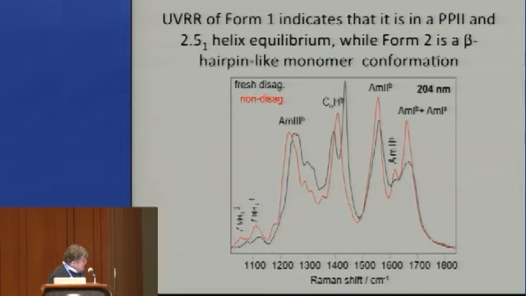This is a comparison of the solution spectra. What you can see here is that the amide 3 bands are quite different because the psi angles are different between these conformations. You don't see much of a change in the amide 1 frequency of the peptide bond or the side chain.